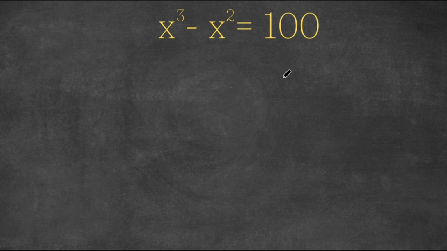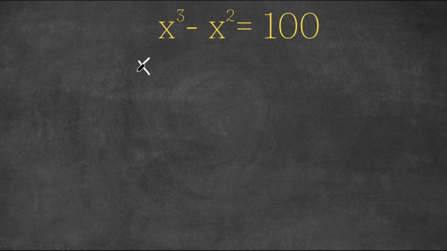Now, what we're first going to do is, as you can see, both of these terms have x in them, right? So the best thing to do is to factor out x with the highest degree, which in this case is 2. So we're going to factor out x squared. And that would help us simplify our equation by a lot.